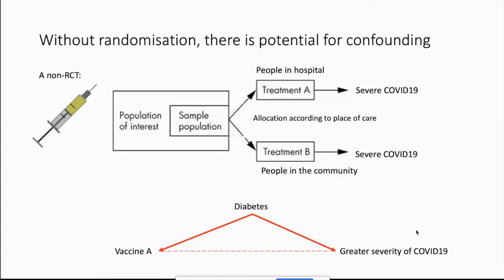These people only received vaccine A and had a higher severity of COVID-19, but that association could be mediated by the increased prevalence of diabetes in that cohort. So the association is spurious, and we cannot say that treatment A was better than treatment B because the baseline differences between the allocated treatment groups were very, very different.